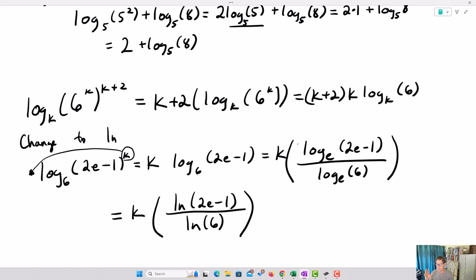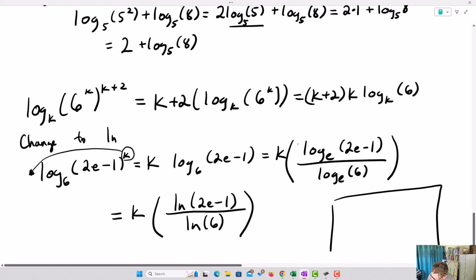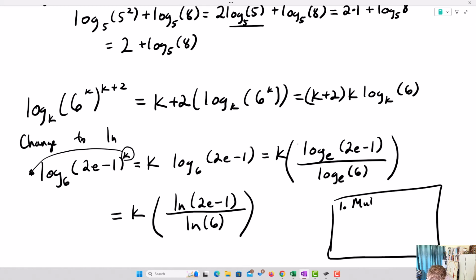And that just helps me to stay ordered. Is this an exact order of operations? No, not really. But first I like to use the multiplication property, then change of base, then addition or subtraction. And that's just generally a guideline that I use. It's not necessarily something that you have to do.